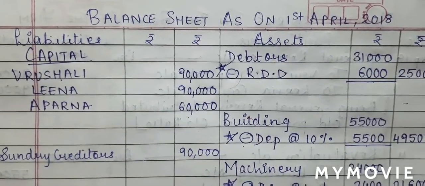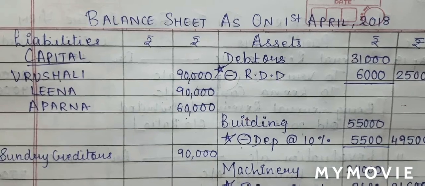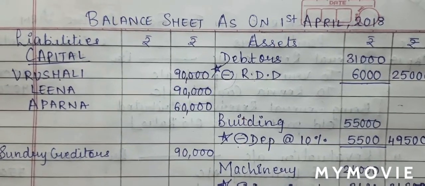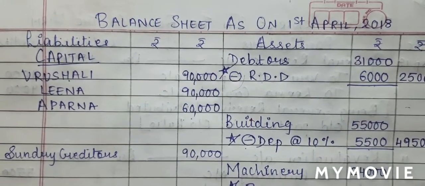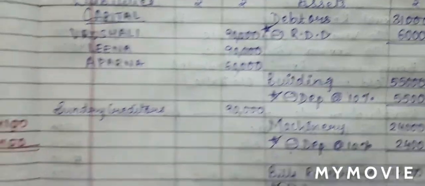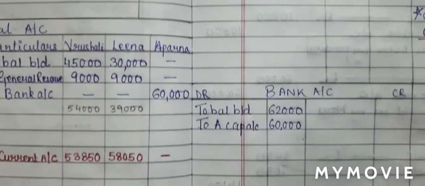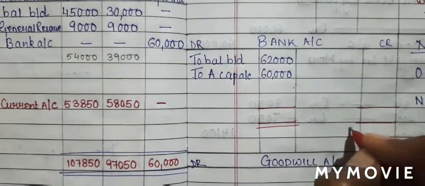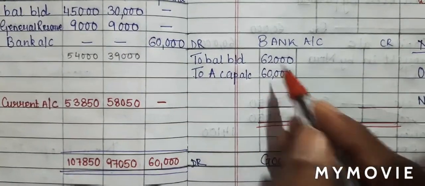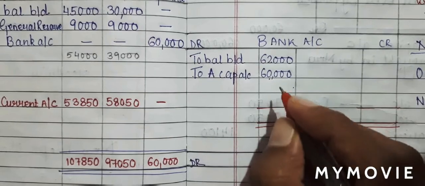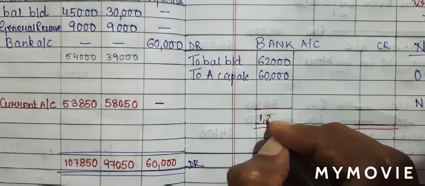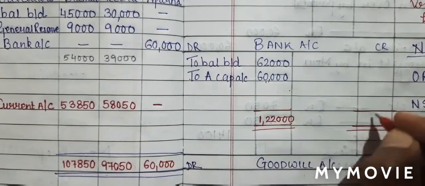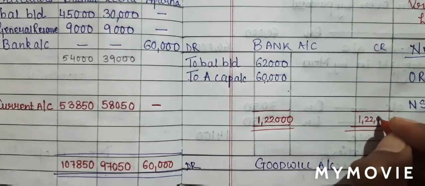So students, now we can tally our balance sheet, but not forgetting we have to first close our working note. So let us first close our bank account. So let's double underline on both the side. 62,000 plus 60,000 will give me 1,22,000, which I'll write on both the side.